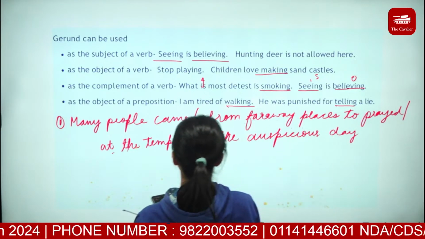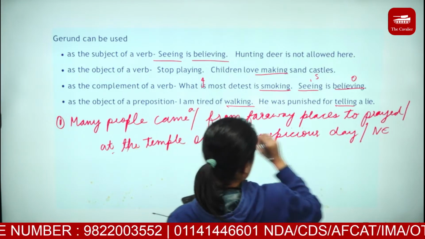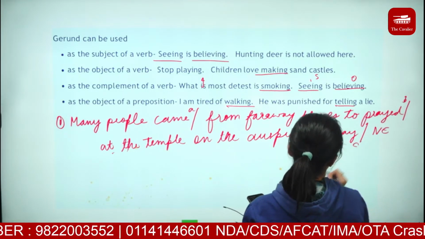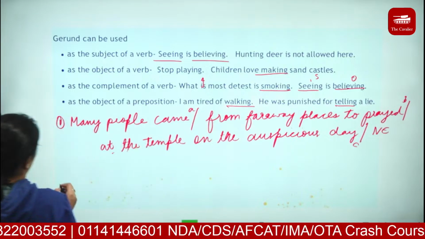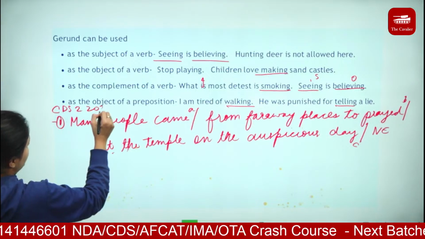Then here is no error. This is option A, this is option B, this is option C. You have to spot the error and this is a question of CDS 2 2023.